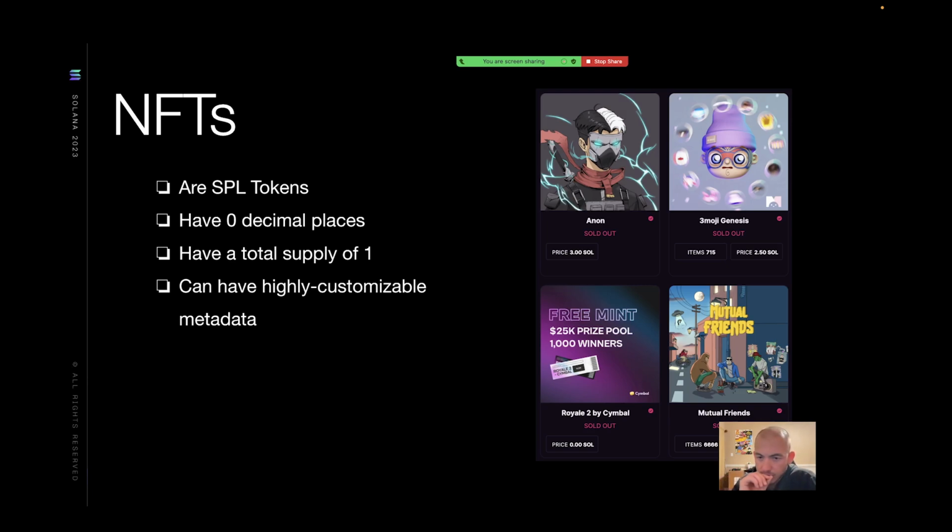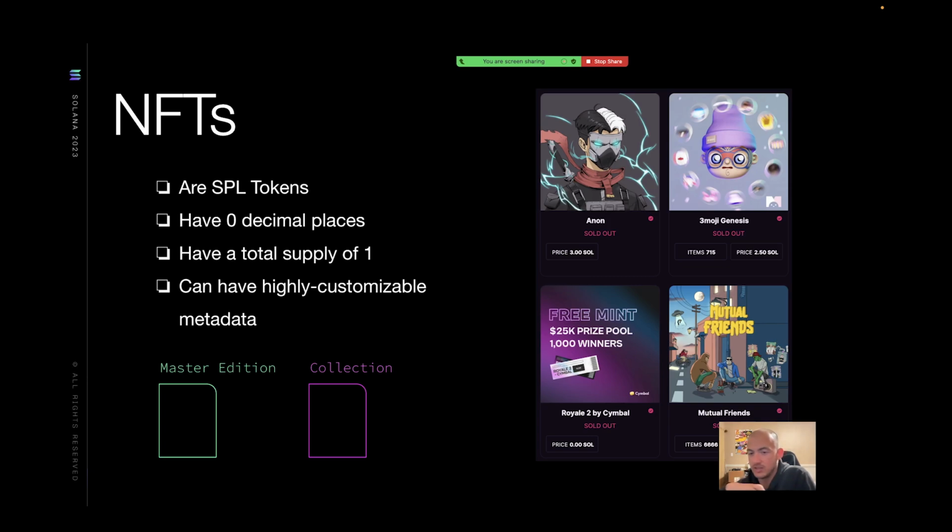That's it. And the cool thing too about NFTs, as you can see from the snippet here from Magic Eden, is they actually have super highly customizable metadata. And so NFTs on Solana are huge. They're super, super popular, and that's because of all the cool stuff you can do with them. A couple examples might be a master edition, and you could do printable versions of a master edition. You can make an NFT belong to a collection. You can have royalties for the creators of the NFT.